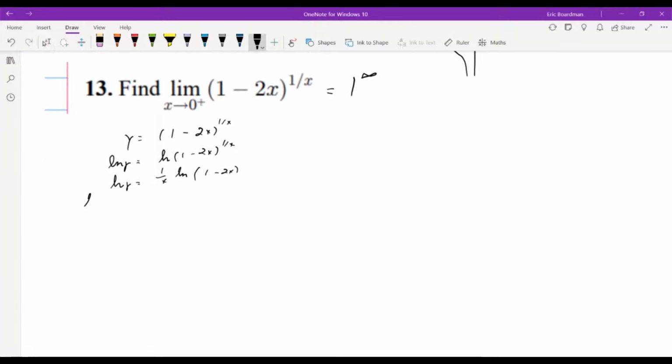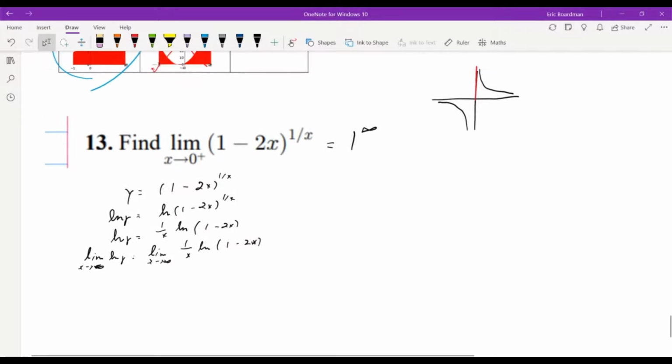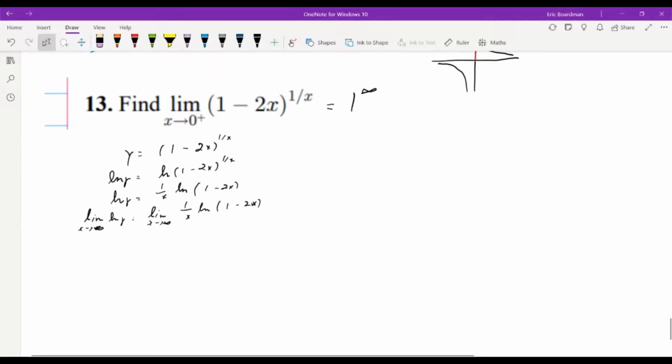If we take the limit of both sides, the limit as x goes to 0 from the right of ln y equals the limit of 1 over x times ln of 1 minus 2x. And then from here, this is a 0 times, sorry, negative infinity.